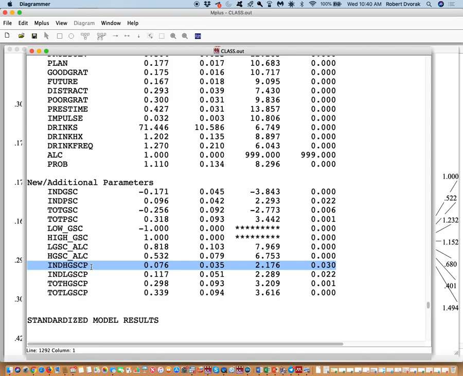Can I see your input? I got an error. You got an error? What does your error say? It says a parameter label or the constant zero must appear on the left-hand side of the model constraint statement. You misspelled something.